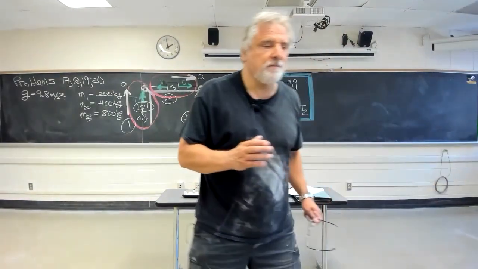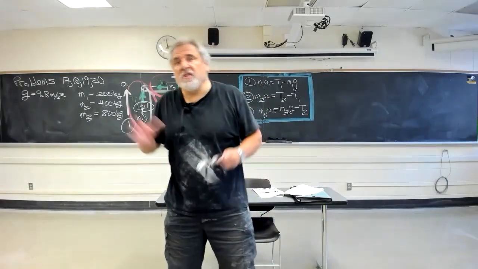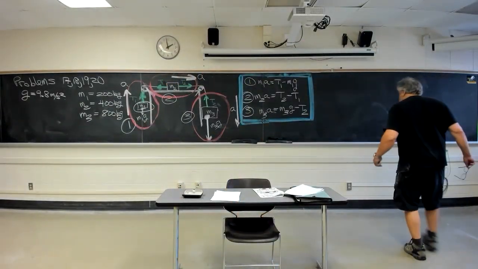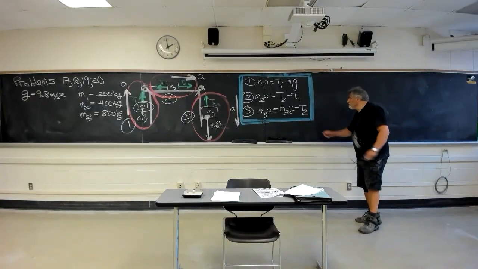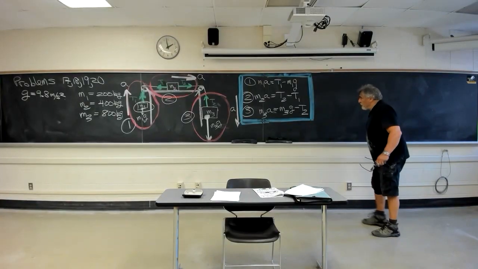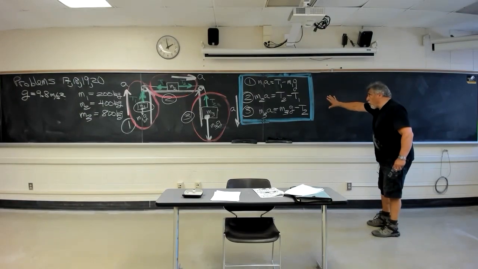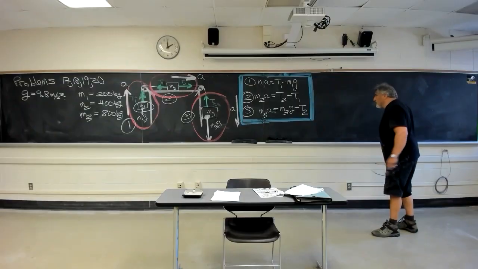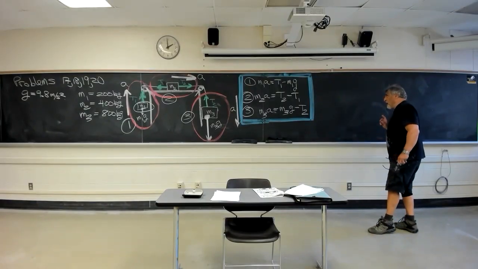We have three equations and three unknowns. Linear algebra tells us that with three independent equations and three unknowns, we can solve for the three unknowns. We got three of the problems solved.